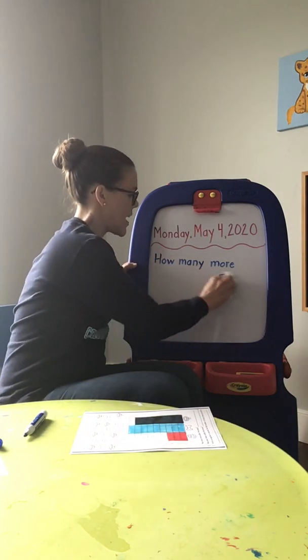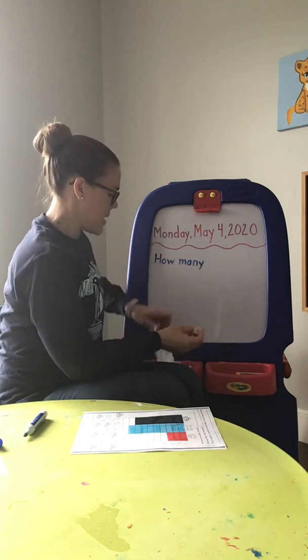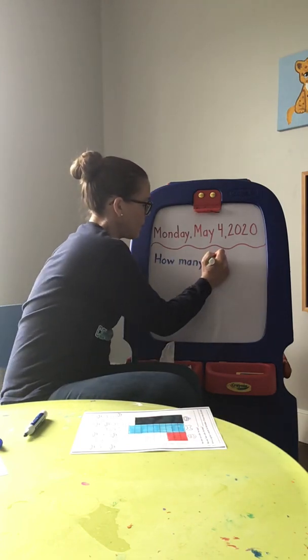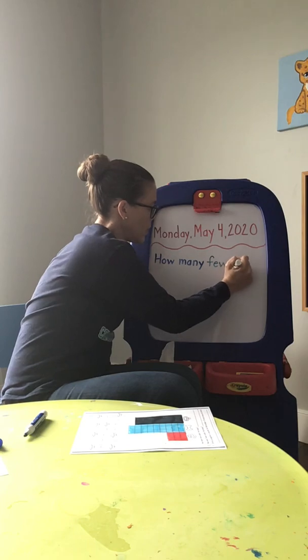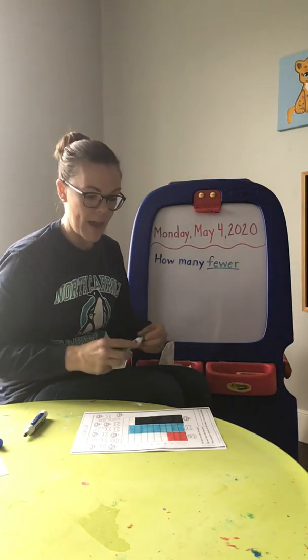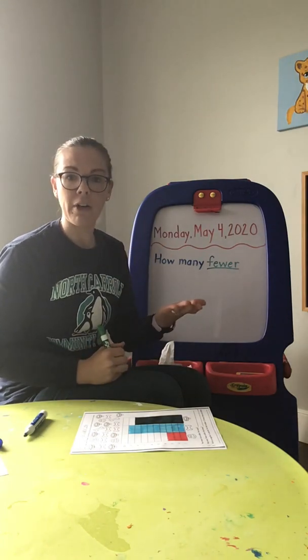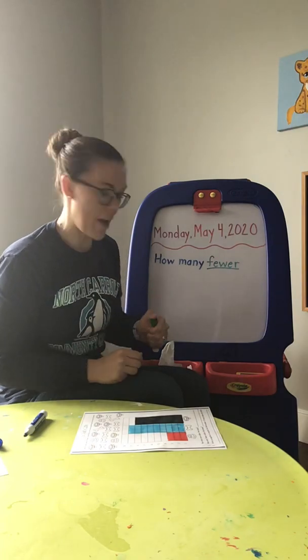You may also be asked, how many fewer? We know that the word fewer means less, all right? So that means there's a smaller amount somewhere and there's a bigger amount, and it's asking how many fewer are there.